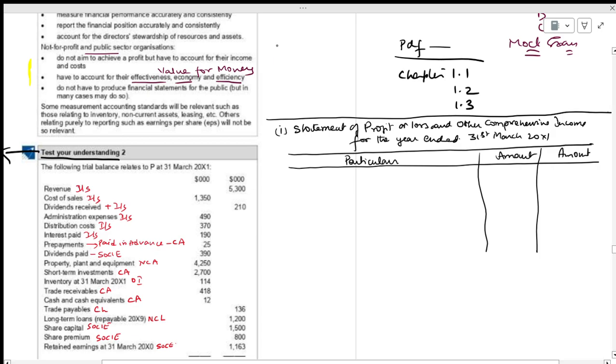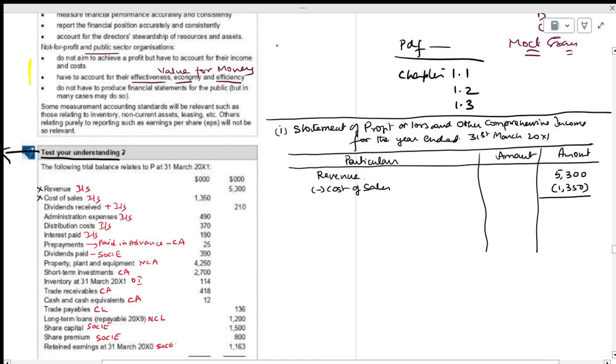Sumaya, now first what do we have to do? Sales, revenue. How much is the revenue? 5,300. Good. Next, minus cost of sales. How much? 2,350. Good. Total?